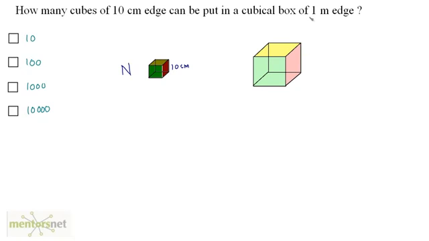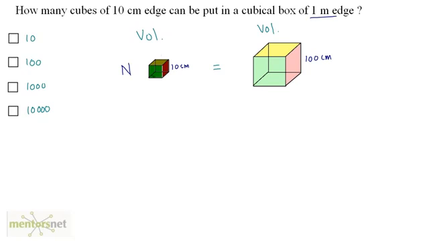And I can say that 1 meter side can be written as 100 centimeter. So if all of these n smaller cubes must be put into this cubical box, their volumes should be equal, right? So volume of n smaller cubes must be equals to volume of one bigger cube.